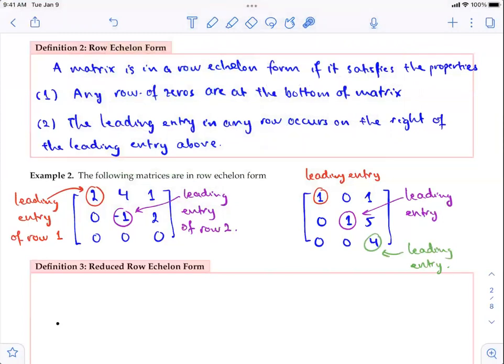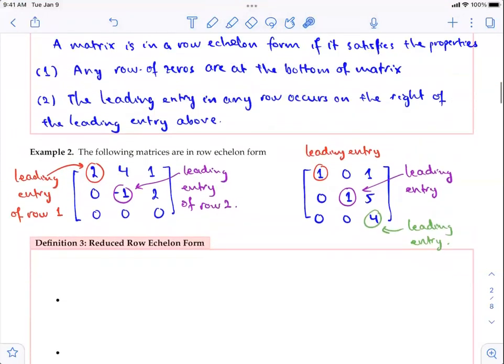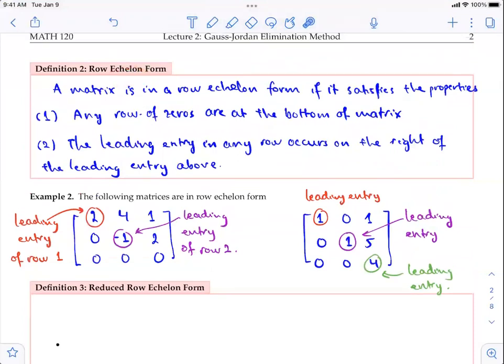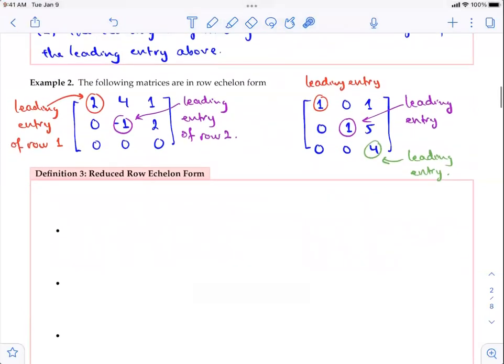But when you do the Gauss-Jordan elimination method, you actually want to reduce the augmented matrix into the reduced row echelon form. So it's much more reduced compared to just the row echelon form.